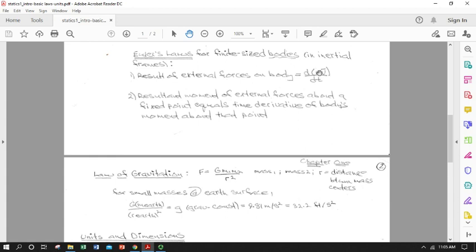So this is actually an averaged and summed expression for momentum, and that's how we can apply Newton's second law for a particle in terms of momentum to something that's not a particle. It's a 3D body. Okay, so another way of saying this is the resultant moment of external forces about a fixed point equals the time derivative of the body's moment about that point.